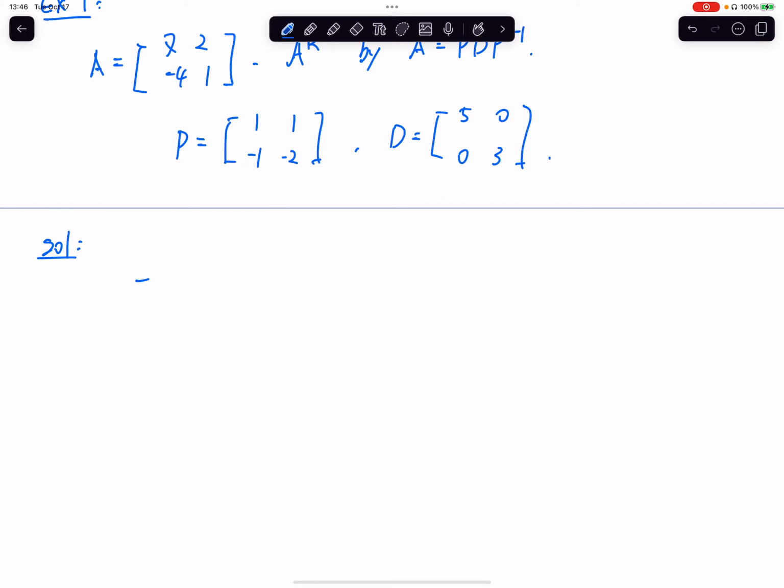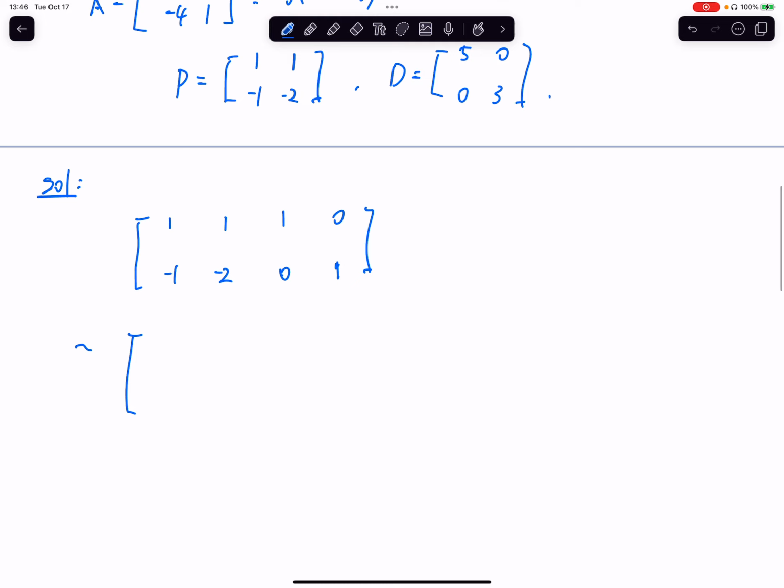By Gaussian elimination, we cancel this entry first. So we add the first row to the second row. That gives us 0, minus 1, followed by 1, 1.